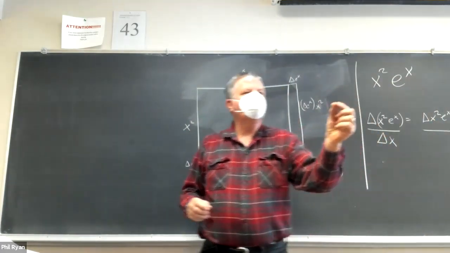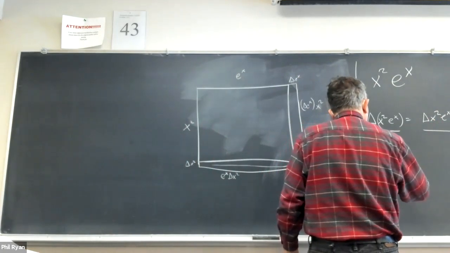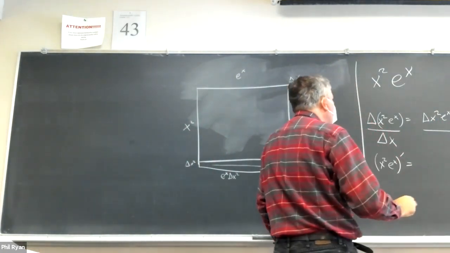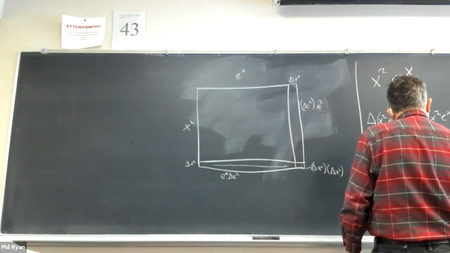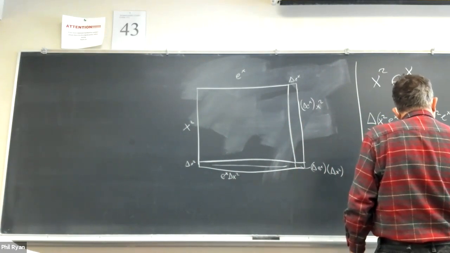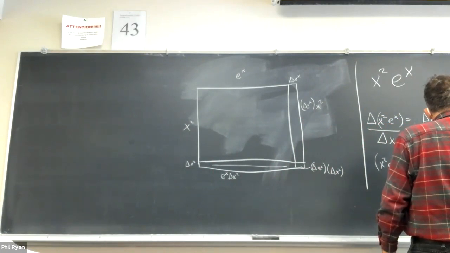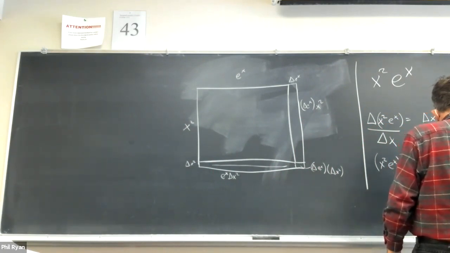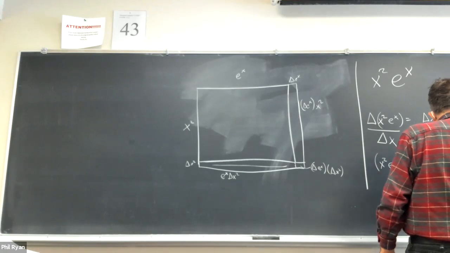And then we make our intervals smaller and smaller and smaller. All right? So over here, we get the derivative of x squared times e to the x, which is what we want. Well, what do we get over here? We get delta x squared over delta x times e to the x, plus x squared times delta e to the x over delta x, plus delta e to the x times delta x squared over delta x.